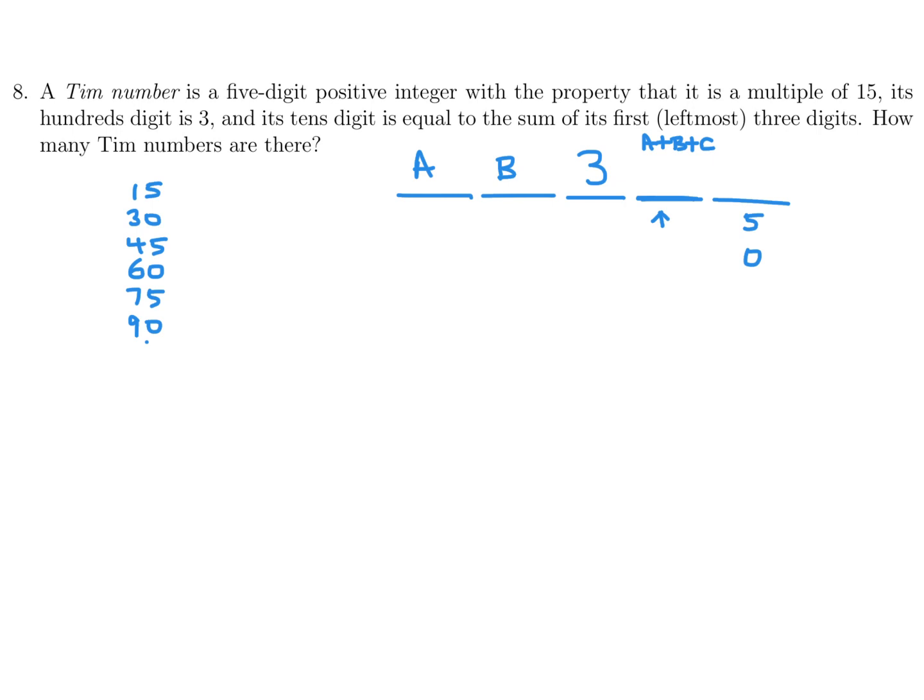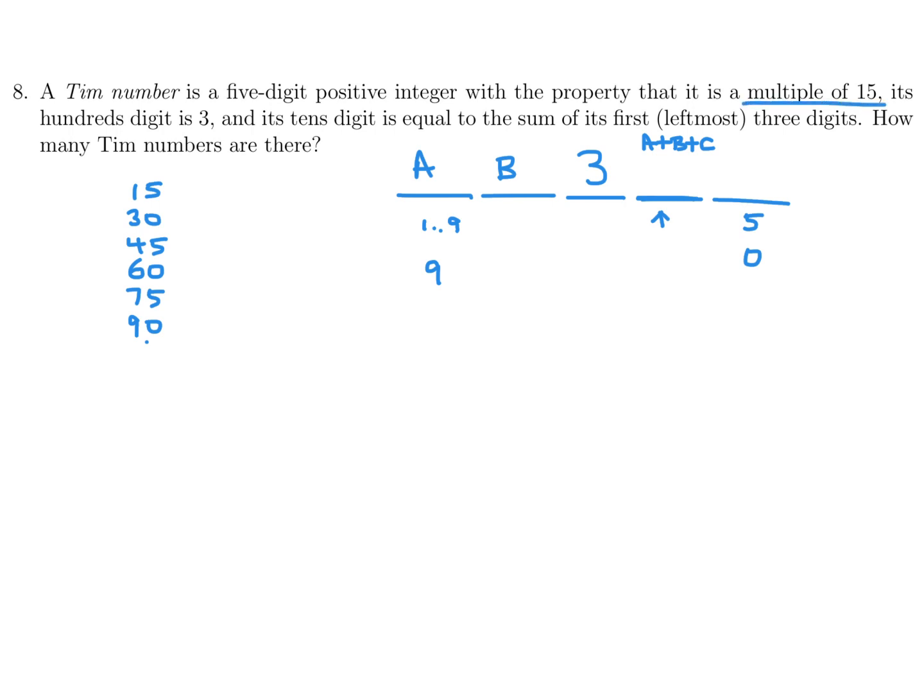Not much. Let me first think about this for a second. How many choices do I have? For A, I have every digit from 0 to 9, but I can't put 0, because then it would no longer be a 5-digit number. So everything from 1 to 9. So I have 9 possibilities. I'm just looking at the total, and then of course we have to narrow it down because we've got some criteria that have to be met.